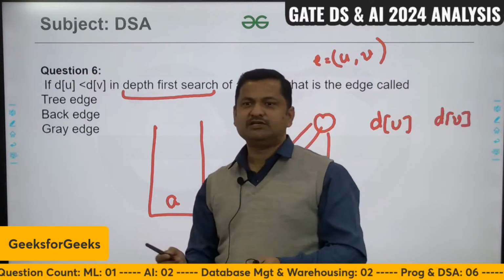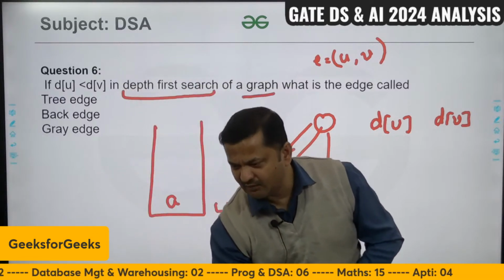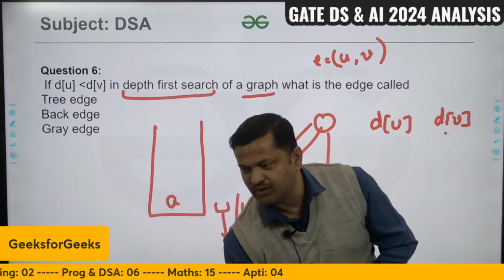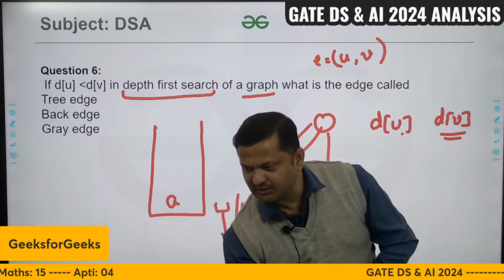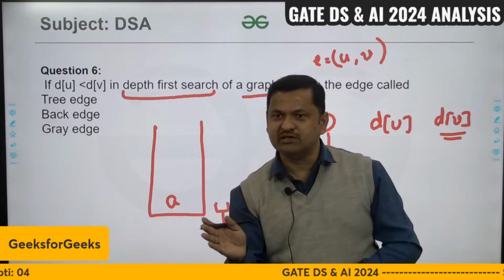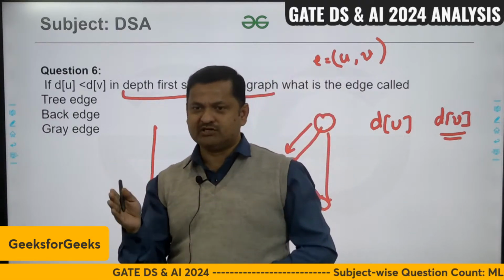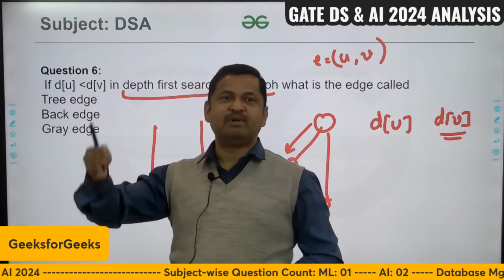If we compare these timestamps, we can see that whenever we backtrack, only then v will appear in the backtrack scenario. When we first visit a node, that timestamp is definitely going to be lesser than the backtrack timestamp.